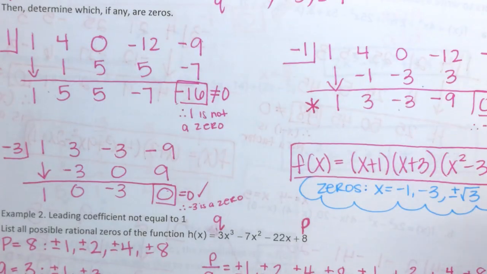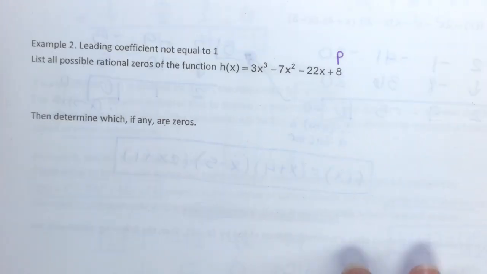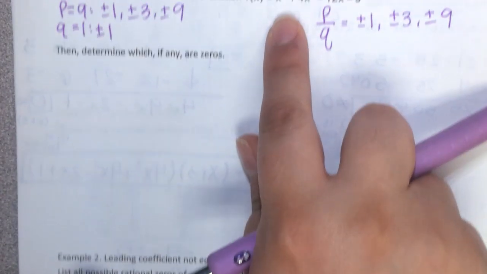So if you end up choosing the right ones, and not that numerical order will always do that, it all depends on what your leading coefficient is.